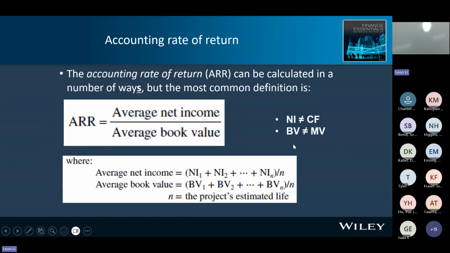In accounting, they use book value, but in finance, our focus is market value. Later, we will discuss the difference between them and why finance people use market value. So if you are okay with ARR and you know the two points, net income is not equal to cash flow, book value is not equal to market value.